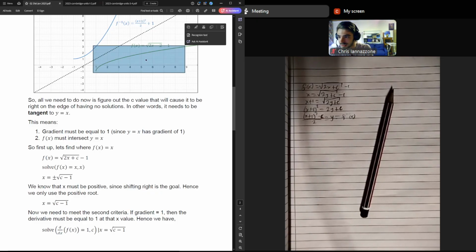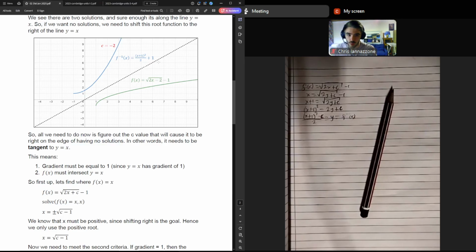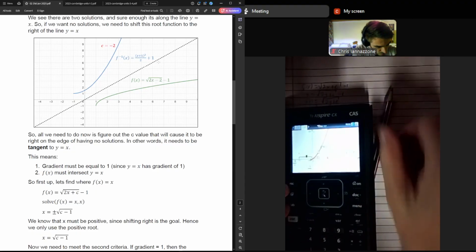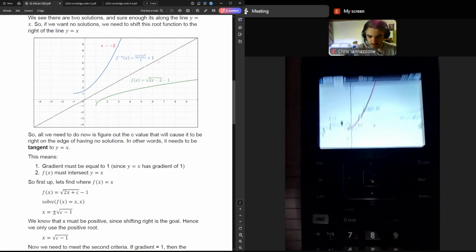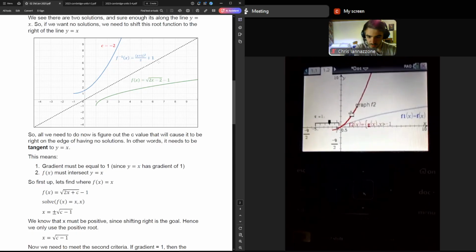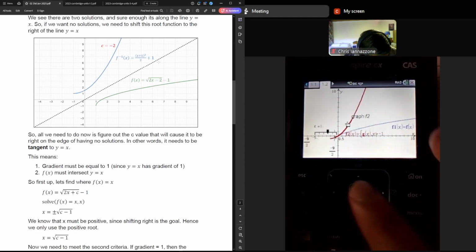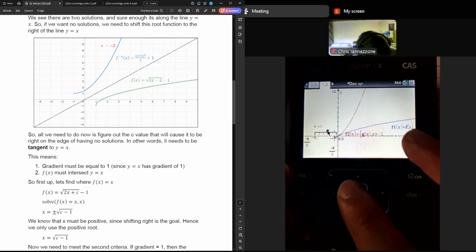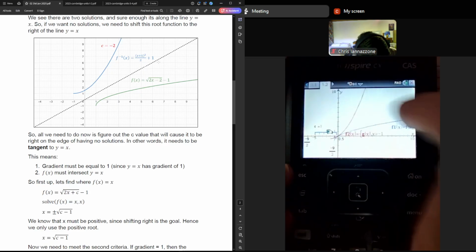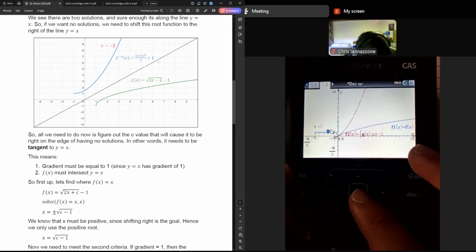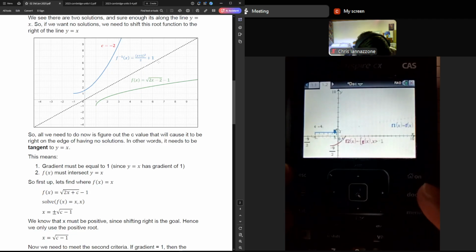If you were to shift this thing very far left, then it would always intersect at some point. For example, if I were to play with the c value and make it more positive on the CAS here, we should see that it gets further and further to the left, and thus these red and blue lines will touch. So if I move this right a bit, you can see it gets further and further away, but it still continues to touch.